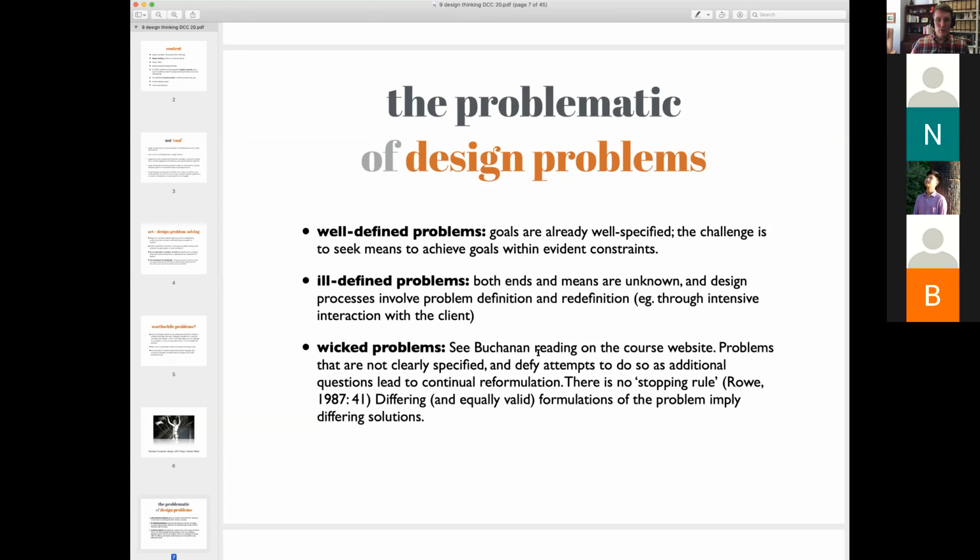Where design gets more interesting is actually thinking about ill-defined problems, where the ends to a solution are not really known, or even the means. You actually have to go through a process of discovering how to solve this problem in the design process itself. So there is this problem definition and redefinition, of refining the definition of what the problem is.